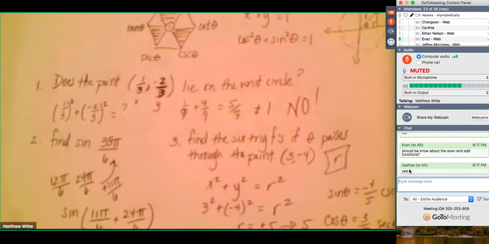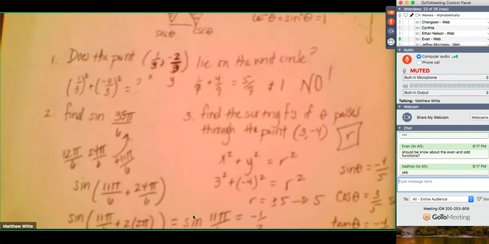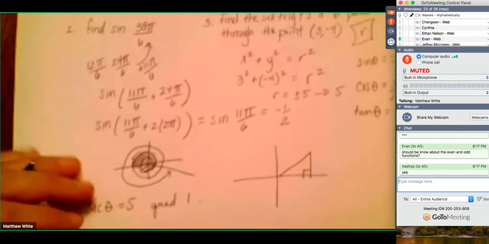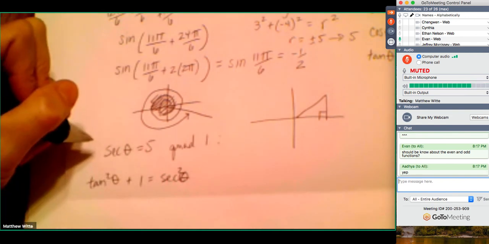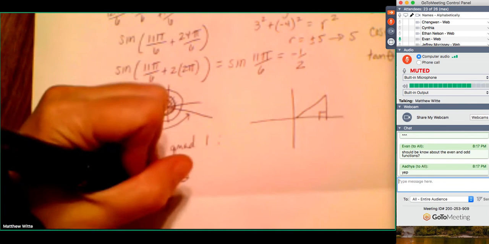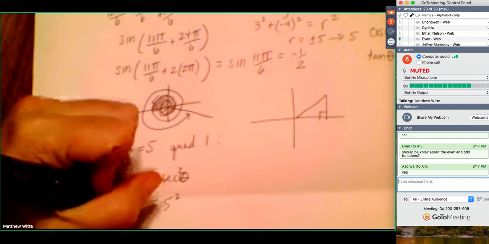You could tell me that tan squared theta plus 1 is equal to secant squared theta. Then you could plug in: 5 squared is equal to tan squared plus 1.